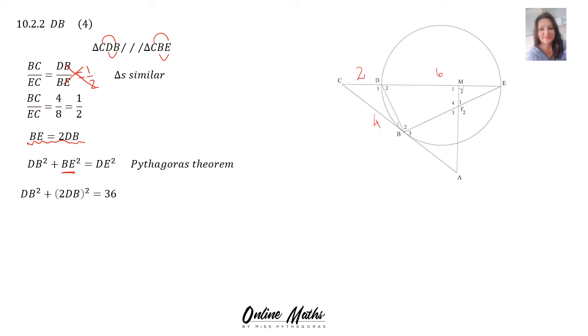And then this 2 squared will become 4 DB squared. And you add that, you get 5 DB squared is 36. You divide away the 5. You take the square root and you get that DB is 2,68. Where's the marks? The ratio BE equals 2 DB. Substitution into theorem of Pythagoras and final answer.